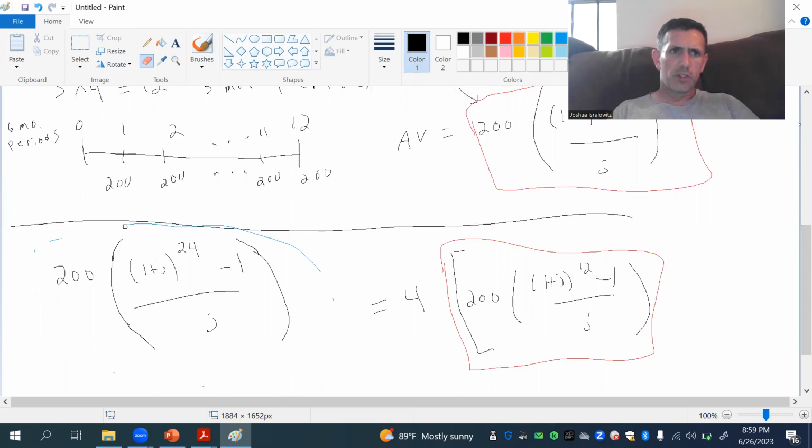Obviously 800. I'll get rid of the bracket here. 4 times 200, as I mentioned, is 800.